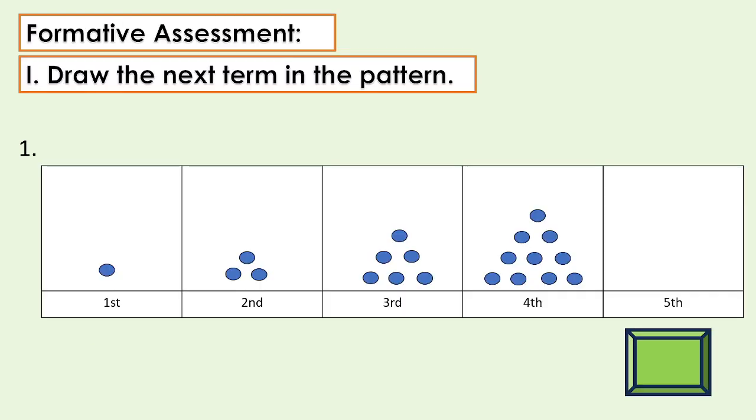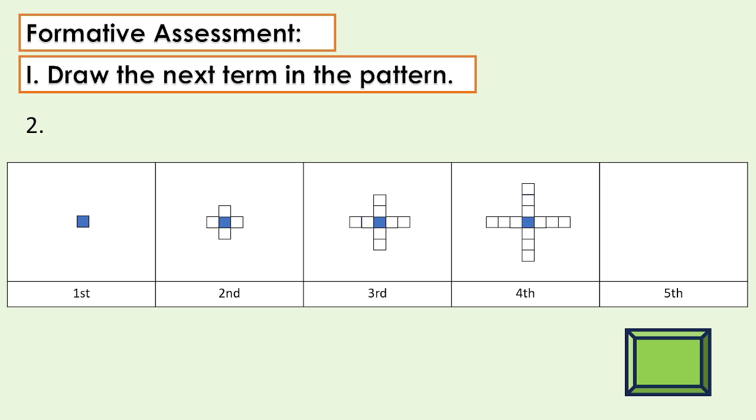Formative assessment. Number 1. Draw the missing term in the pattern. So what is the next term in the pattern? So the answer is... Number 2. Draw the next term in the pattern.